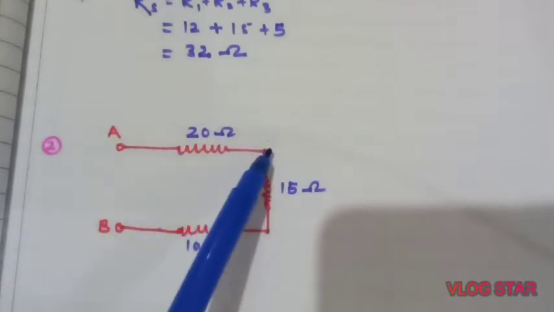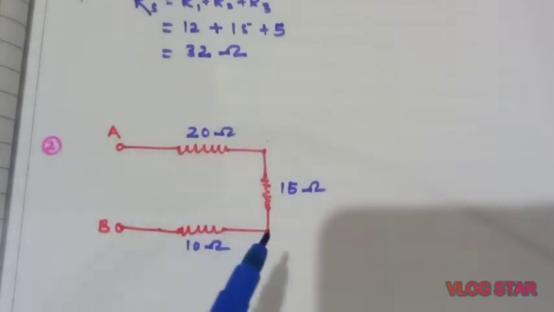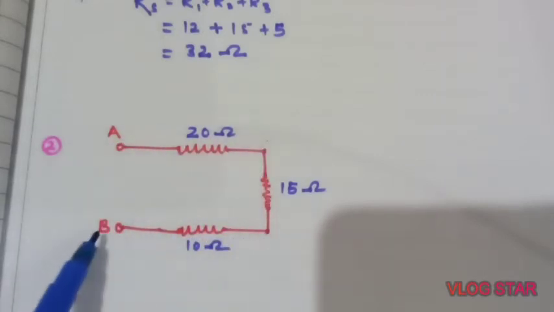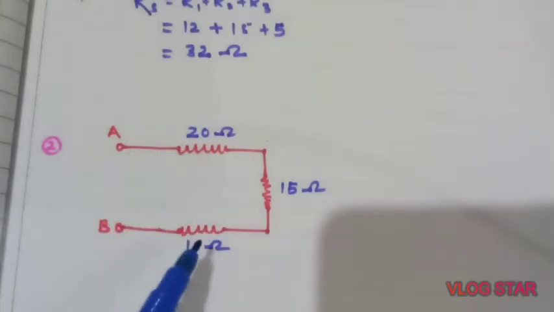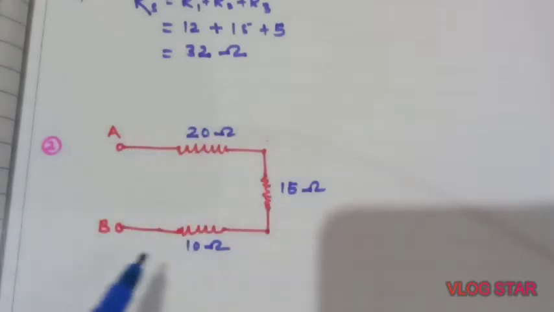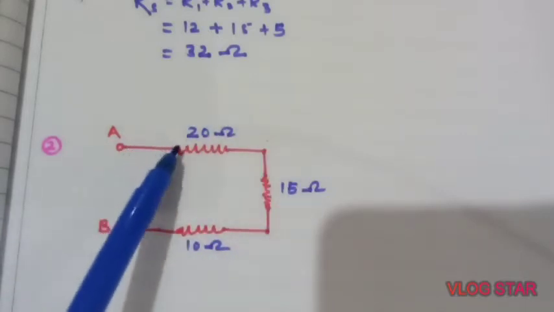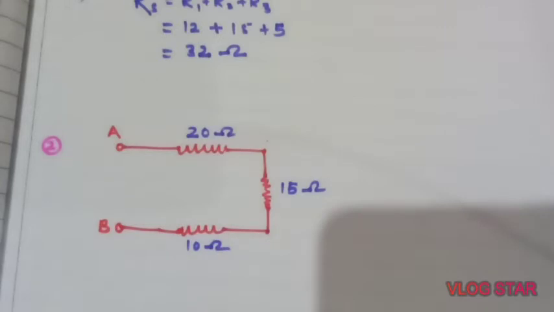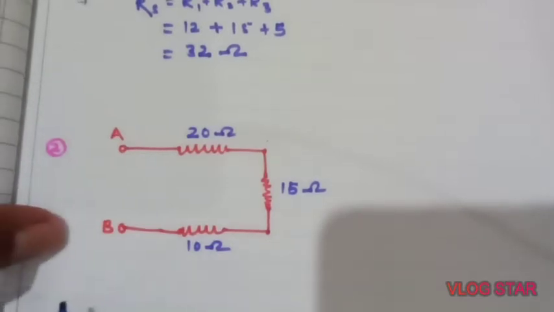End of the first, start of the second. End of the second, start of the third. So though 20 and 10 look like parallel, the connection is end to end, so we will consider the first, second and third resistors to be in series.